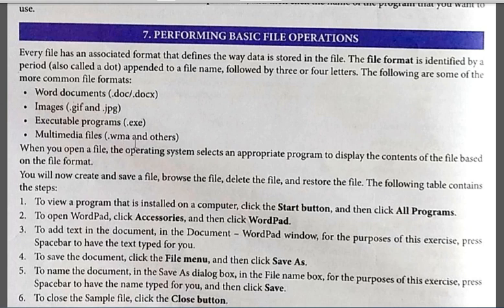Multimedia files use .wma and others. When you open a file, the operating system selects the program to display the contents of the file based on the file format. You can click save, browse, delete and restore the file.